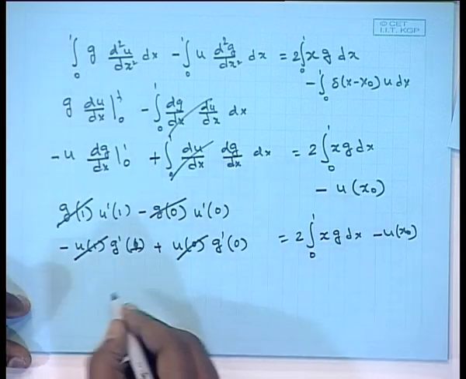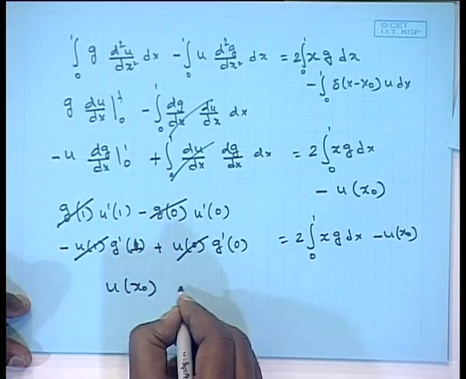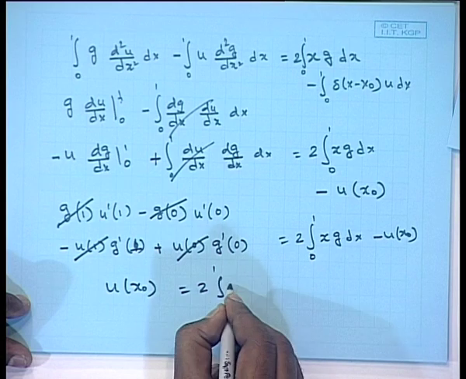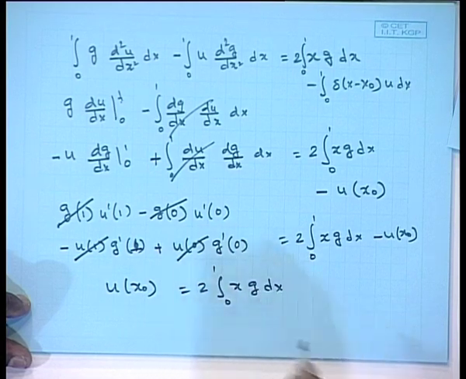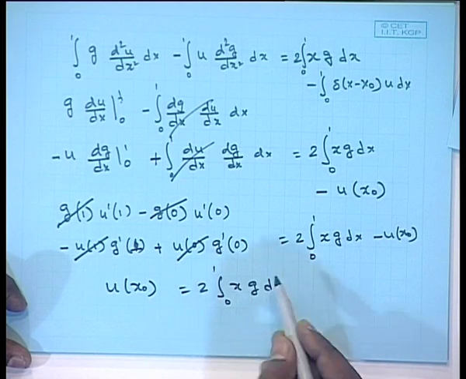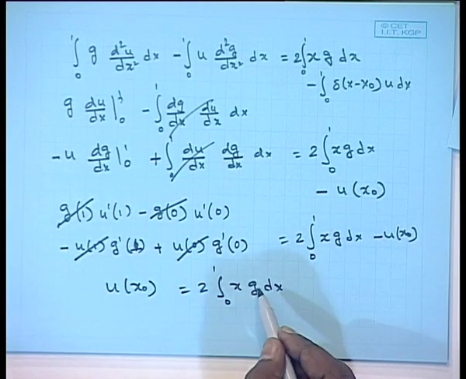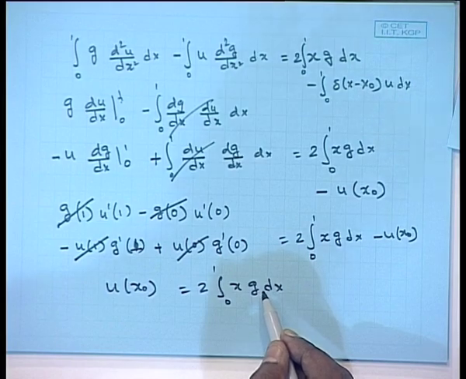And so, basically, what is u at x naught? u at x naught is nothing but twice integration 0 to 1 x g dx, right. Now, we have to evaluate only this integral. This integral will be divided into two parts, because g is divided into two parts based on lower half integration and upper half integration across the point x naught.